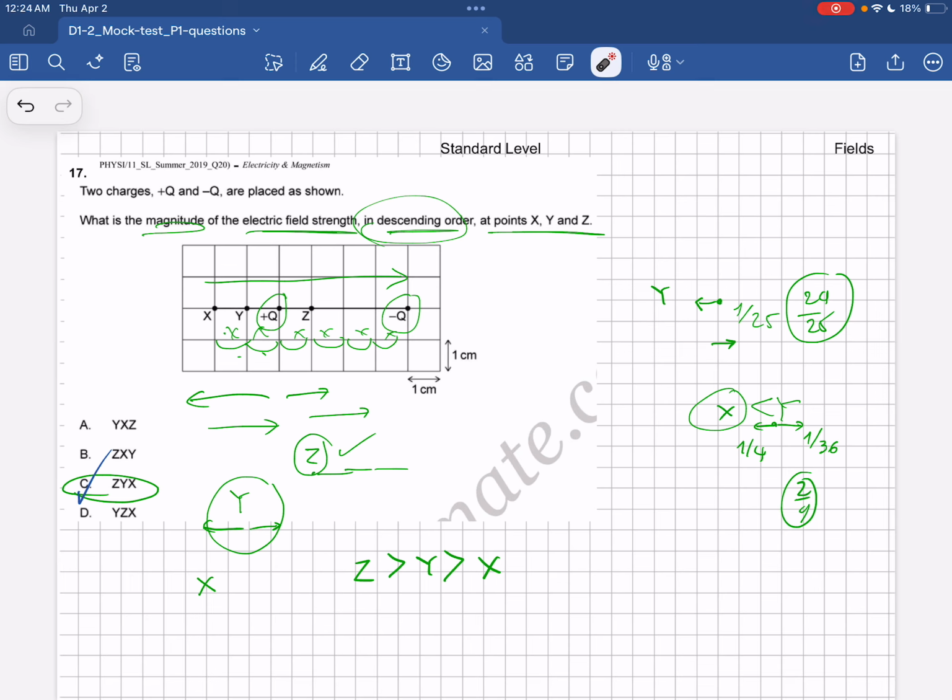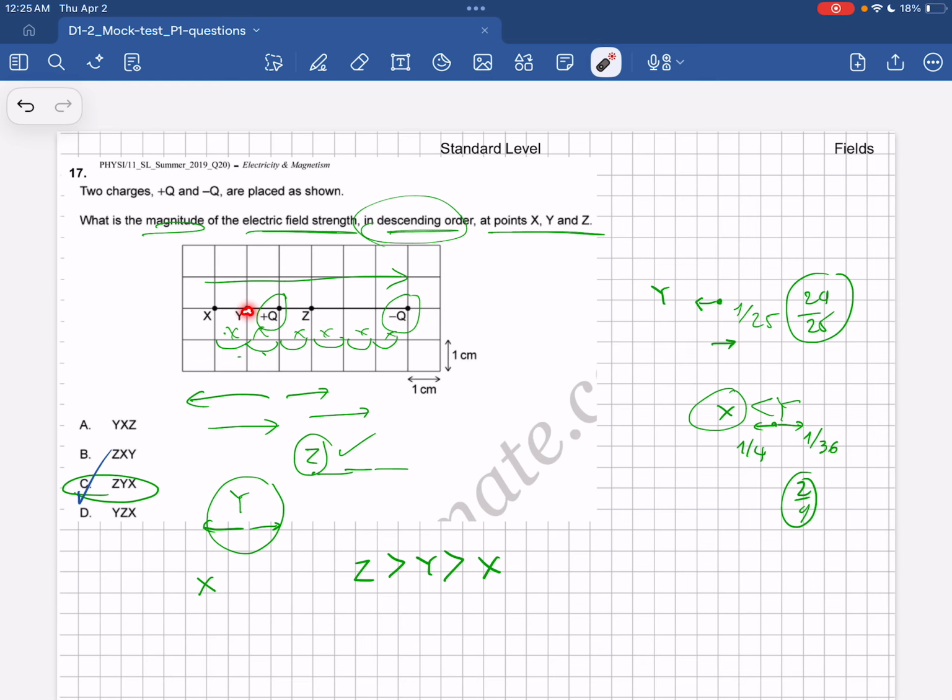For the positive, the field is outward, and for the negative it is towards it. So for the X it's toward, the Y toward, the Z toward. For the Z, first let's check this one this way, from this one also this way. So for the Z, everything just adds up, so Z should be the biggest one, the greatest one.